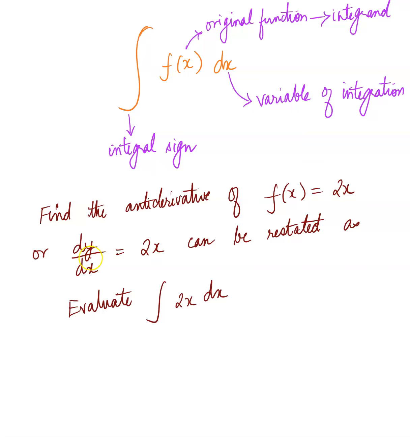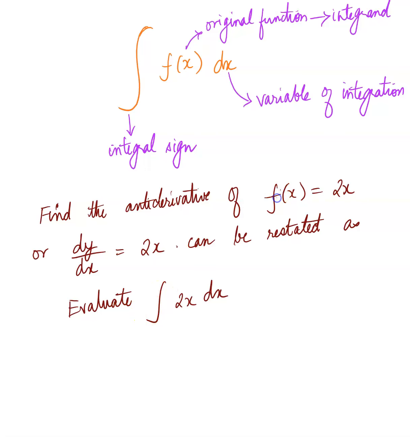You see how the dx would be a differential; if you throw the dx on the other side, that's basically what we're doing. We're saying dy is the integral of 2x dx, so find y. But all that is encapsulated here when they simply say evaluate.